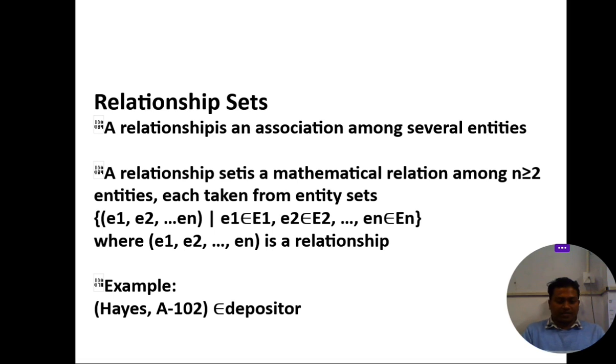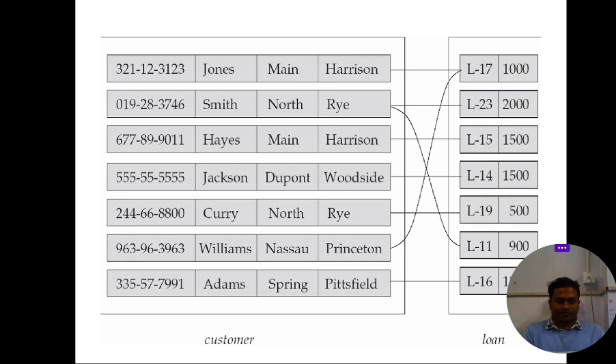An example is (A10, T) belongs to depositor. This is the set of relationships.